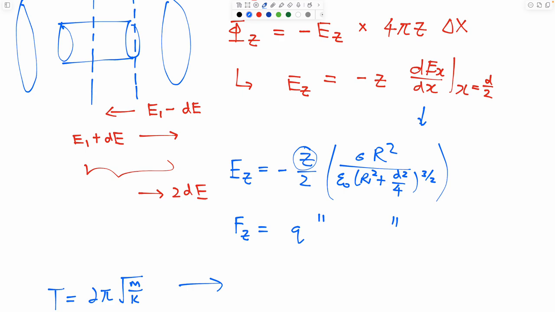Huh? No, the test charge cannot exert a force on itself. We're just trying to find what the field due to the plates is. It doesn't matter what the field due to the charge itself is. Our Gauss law approach is just trying to find the field of the plates.